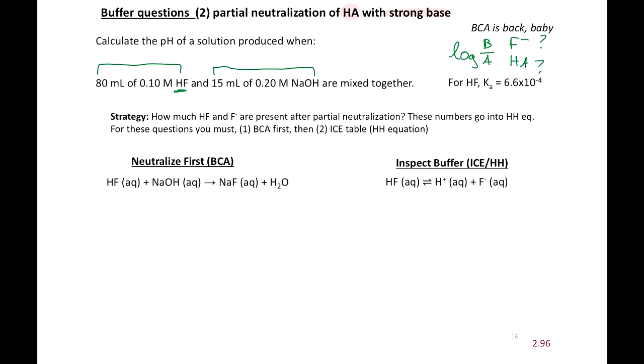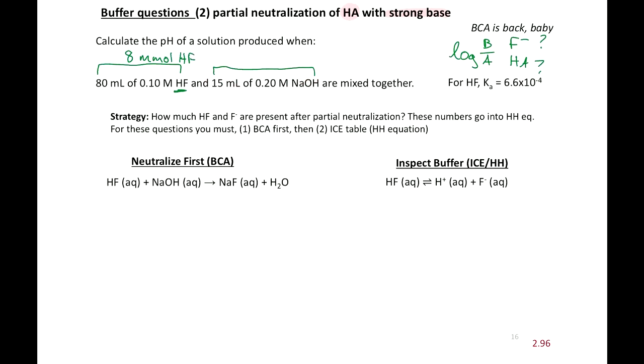But let's just get millimole amounts first, because we have to use that in our BCA table. So I think I can do this in my head. 80 milliliters times 0.1 molarity HF. How many millimoles is that? 8. So 8 millimoles of HF. And I am mixing how many millimoles of sodium hydroxide?